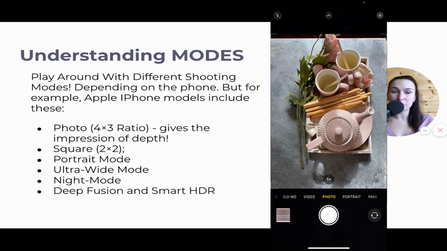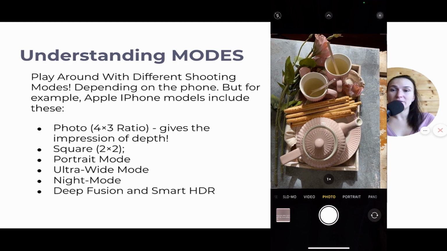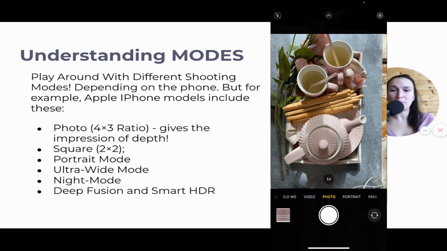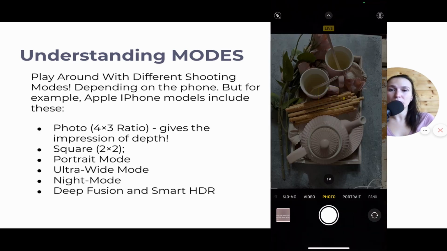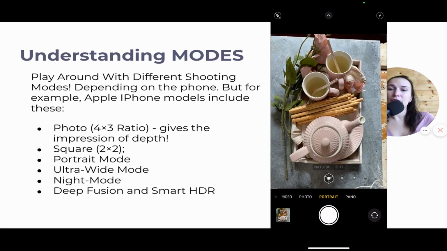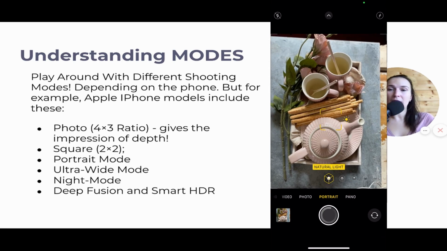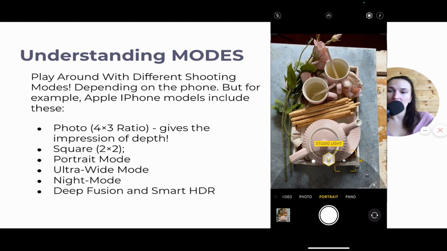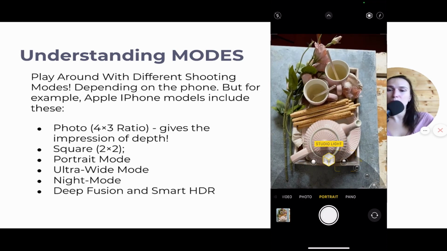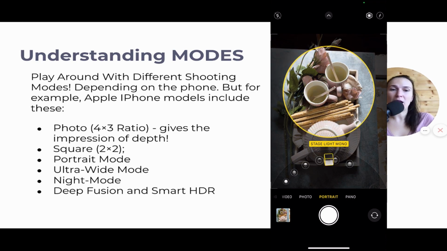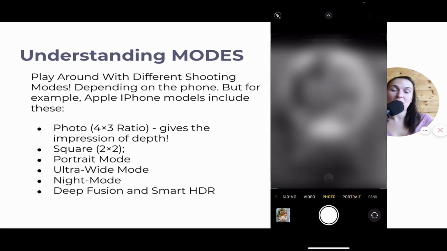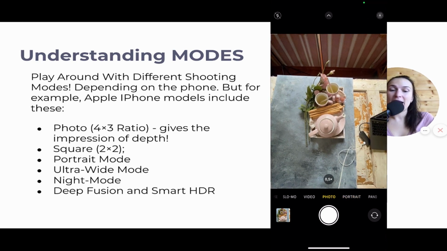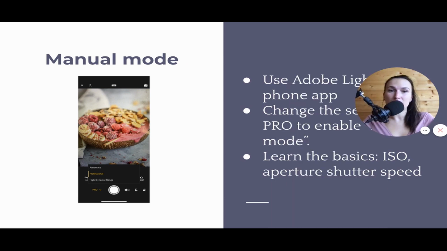So just get to know your phone and dive deep into this, because you can play around with different shooting modes. For example, on your iPhone, you have photo, then square, portrait mode, ultra wide mode, night mode, diffusion. The varieties there are literally endless, and you can go deep into this.